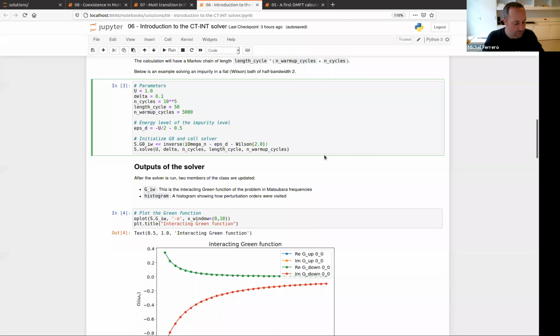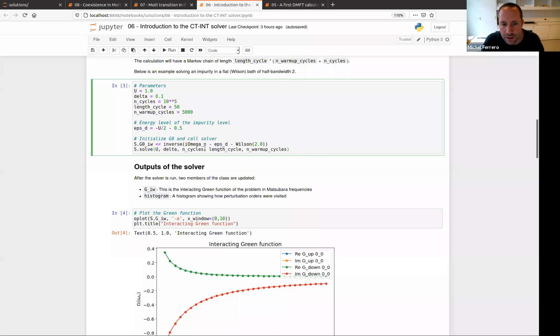So unlike the IPT, it takes some parameters that describe how the Monte Carlo is performed. The main parameters that control that, forget about this delta. This is not something I'll describe. It's something that allows you to control the sign problem and possibly improve it. But the ones that control the Monte Carlo are these three.